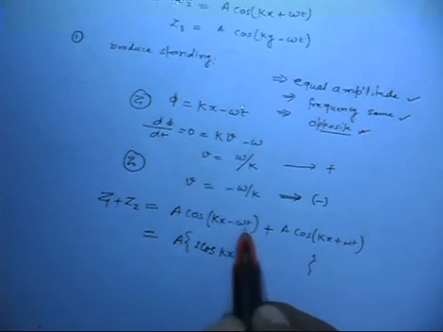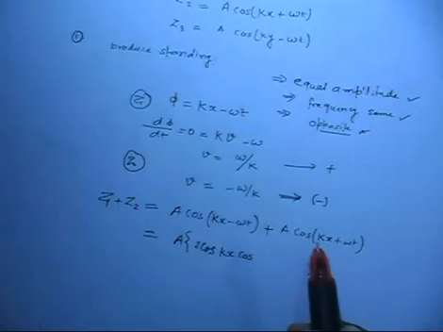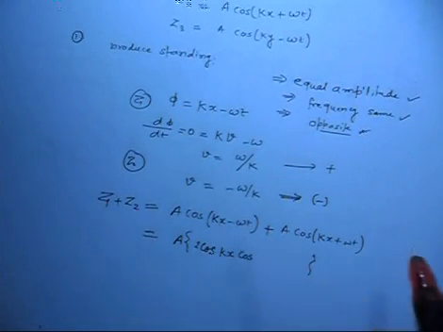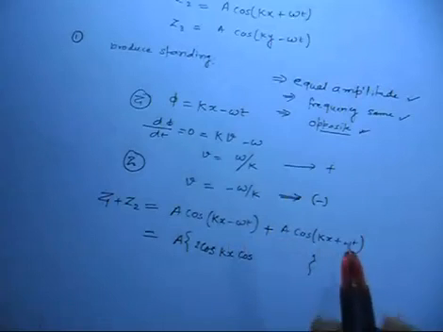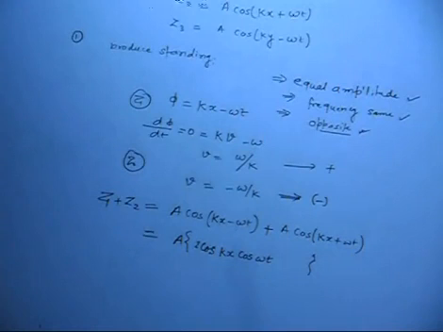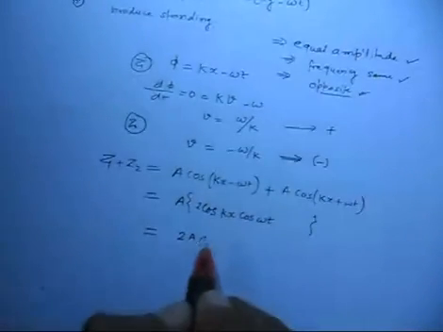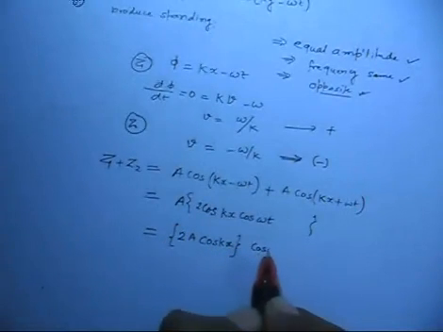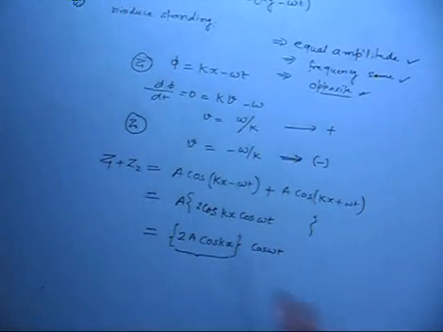Whether it is A minus B or B minus A does not matter, because cos of minus theta is cos theta. So I can write 2a cos kx cos omega t. Now this 2a cos kx is the amplitude of the wave.